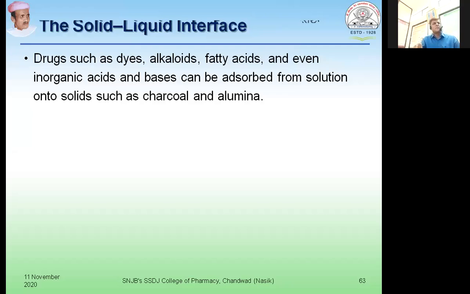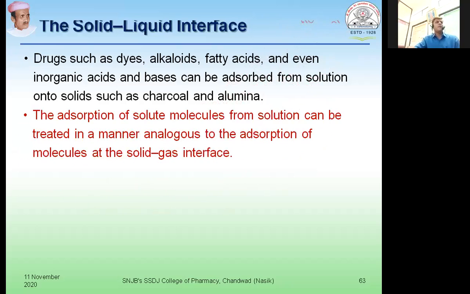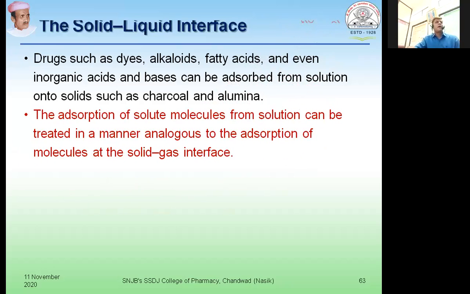In our next semester, we will be carrying out one experiment of determining the adsorption capacity, and at that time we will be allowing acetic acid to be adsorbed onto the surface of activated charcoal. So that is another application of solid-liquid adsorption, apart from the treatment of poisoning cases.